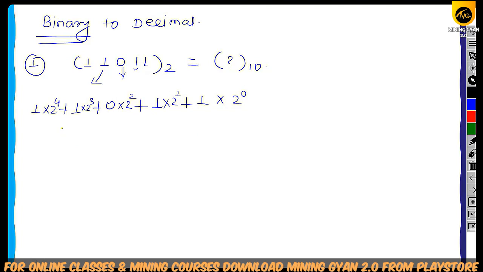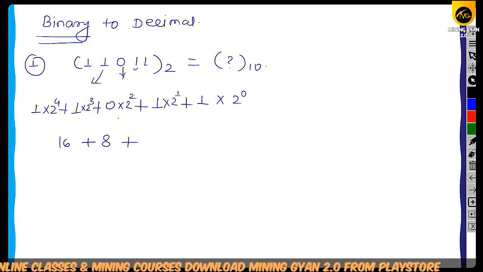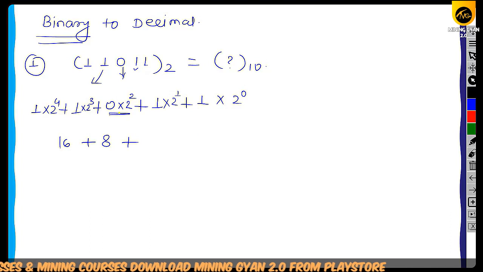Now just solve these and you will get the correct answer. So 2 power 4 is 16, into 1, so the answer is 16. Now the next one, 2 cube, that means 8, 8 into 1 is 8, plus. Now for 0 multiplication, there is no need to calculate because it will become 0, so you can skip this step.